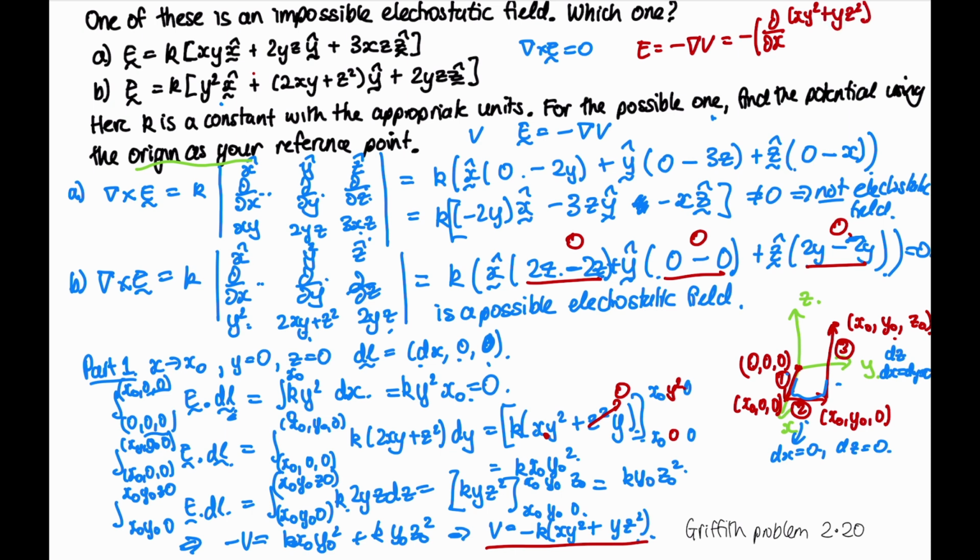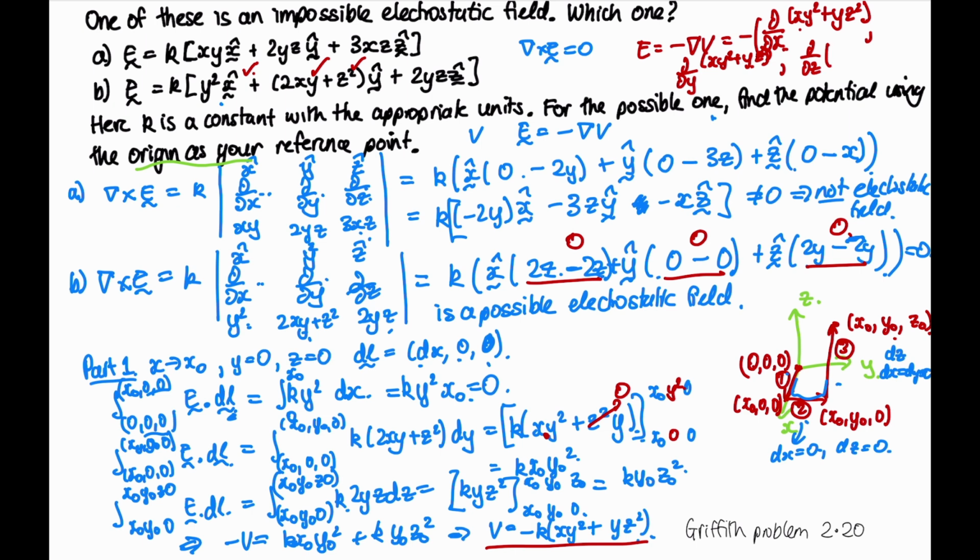When we do this part, we just end up with y squared in that x direction, so that is right. And then in the y direction, we've got d dy of xy squared plus yz squared. Differentiating with respect to y, we get 2y times x, which is what we get. And when we differentiate this second part, we end up with plus z squared, which is what we get.